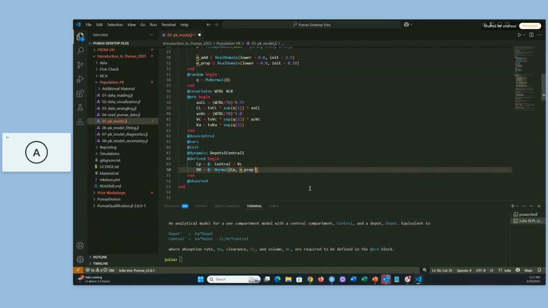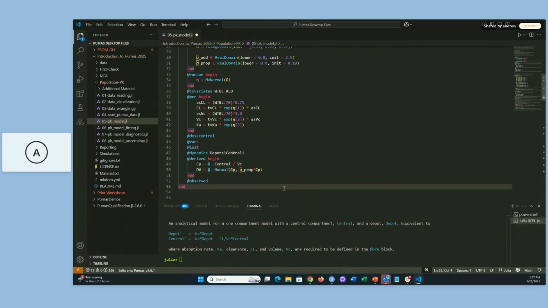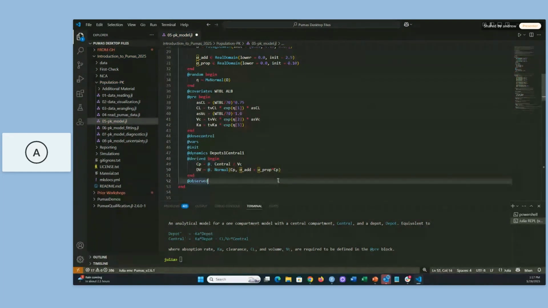Since it is a proportion of something, it needs to be based off of that concentration. So our residual variability, whether it's additive, proportional, individually, or if you start smack everything together, you end up with something like this.